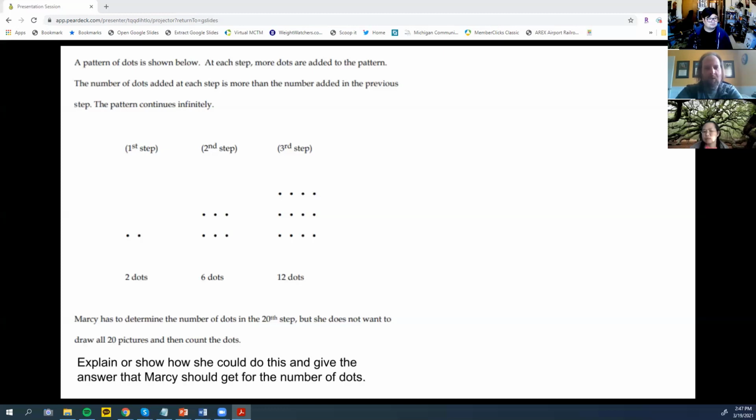Yeah. Okay. So that would be, is that 420? 20 times 21. Oh, it will be 21 times 21, isn't it? Yeah. So I'm thinking there's going to be 420 dots total in the 20th step. Okay.